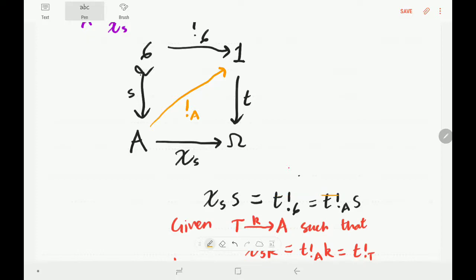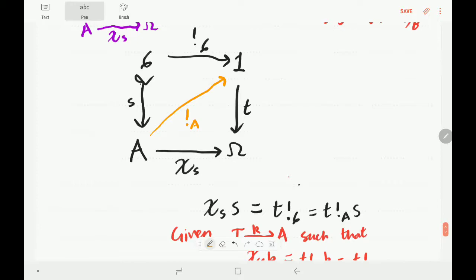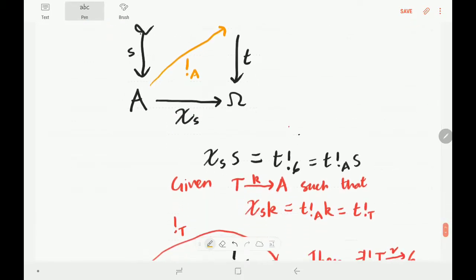But we can also write that as T after exclamation mark A after S, because going along S and then along exclamation mark A gives us this unique arrow exclamation mark zeta into the terminal object. So we have that S equalizes T after exclamation mark A and chi of S.